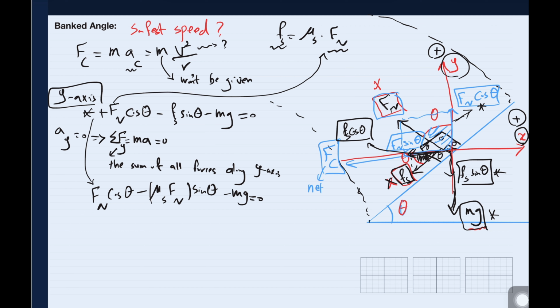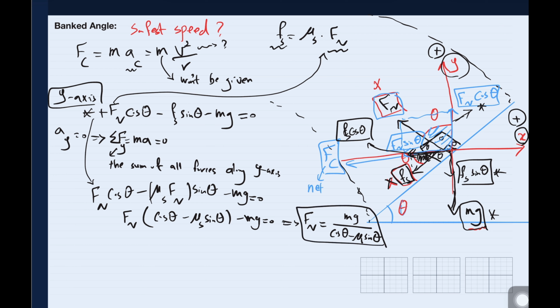So I can factor out Fn here, and then that is cosine theta minus mu s sine theta, times Fn, minus mg equals 0. So then Fn is going to be mg divided by cosine theta minus mu s sine theta. So this is going to be Fn.